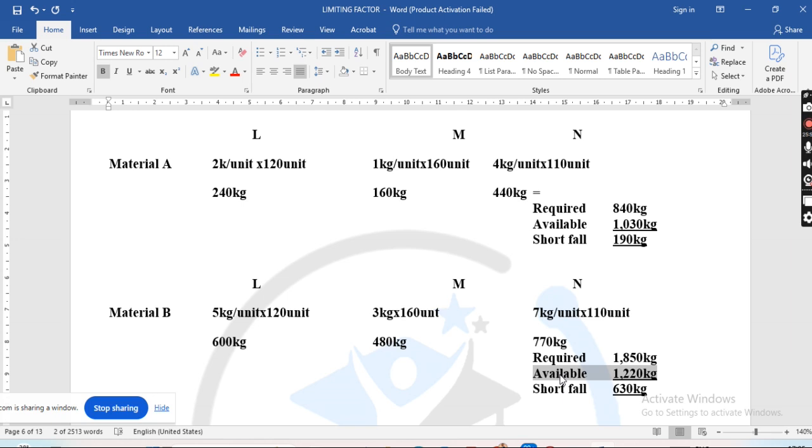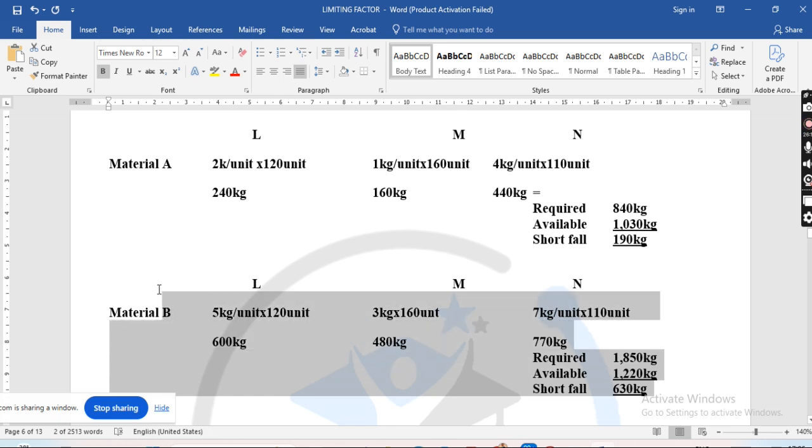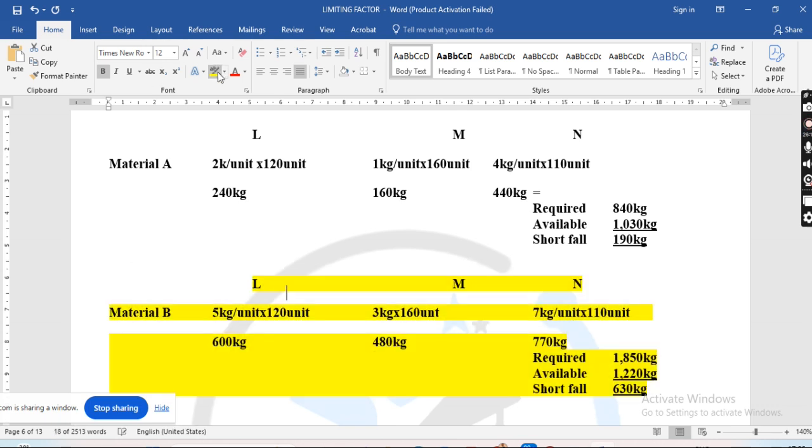So material B is a limiting factor because we don't have that capacity. We need to work around with this 1220 kg. So therefore, material B is a limiting factor, right?